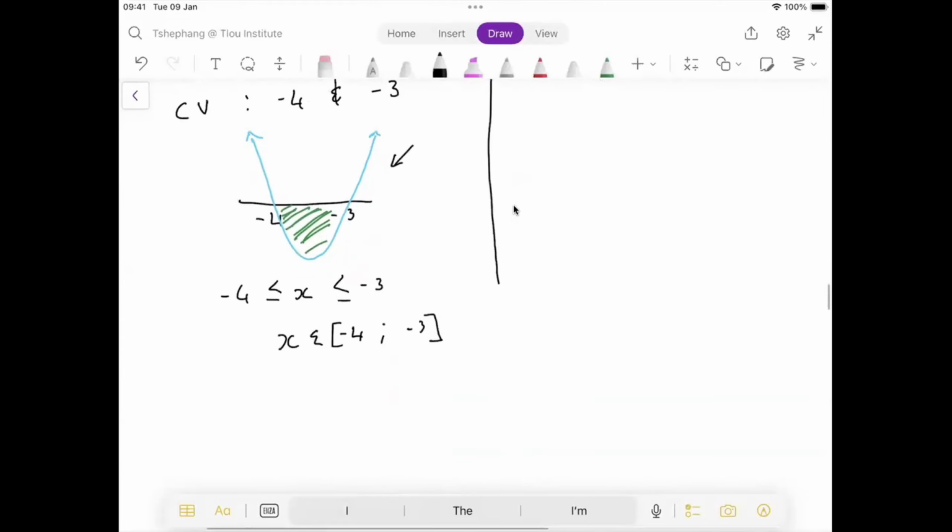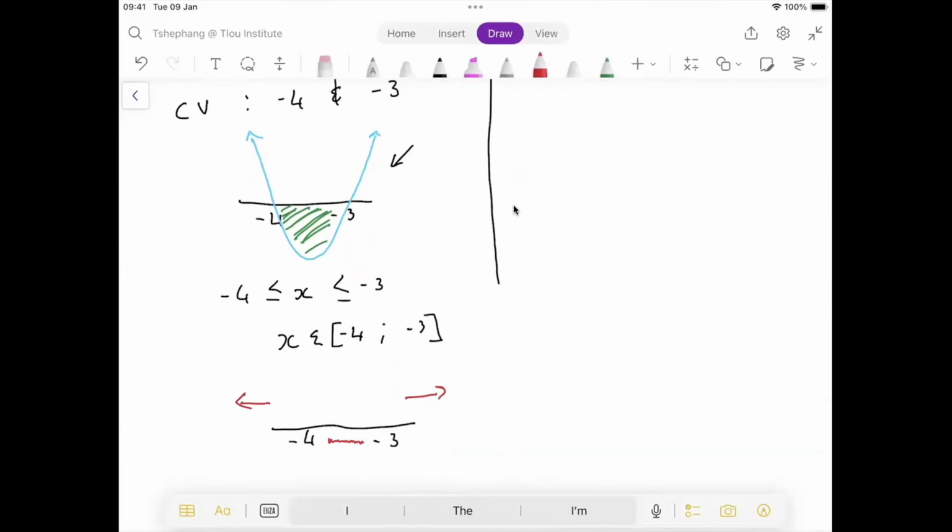So if you were doing the number line, it would simply be -4 and -3. Now, what you're going to do is substitute values to the left of -4. You're going to substitute values to the right of -3. And then you also have to substitute values in between -4 and -3.